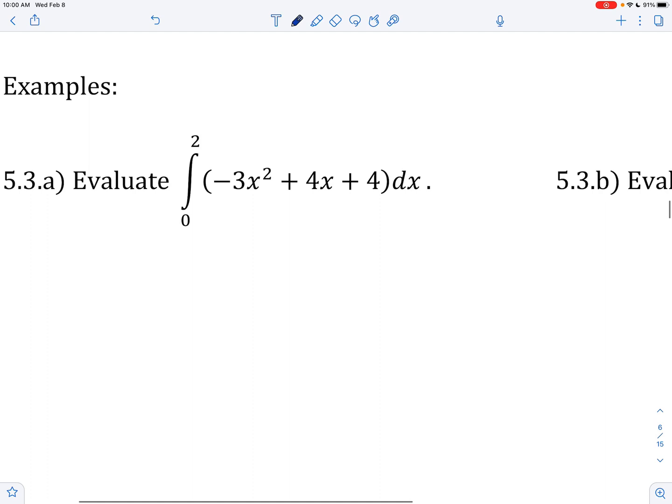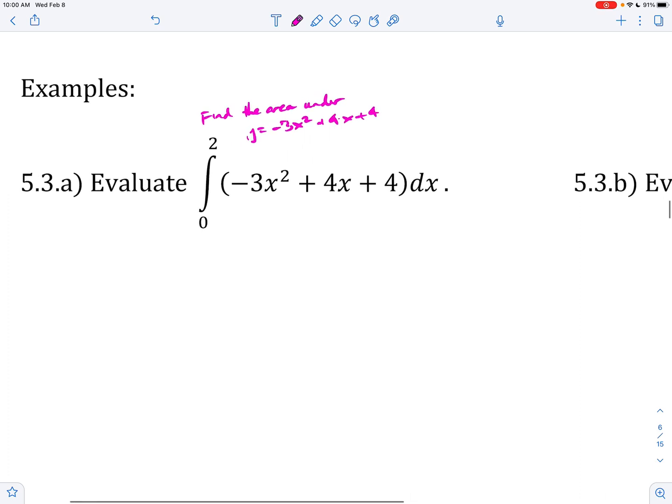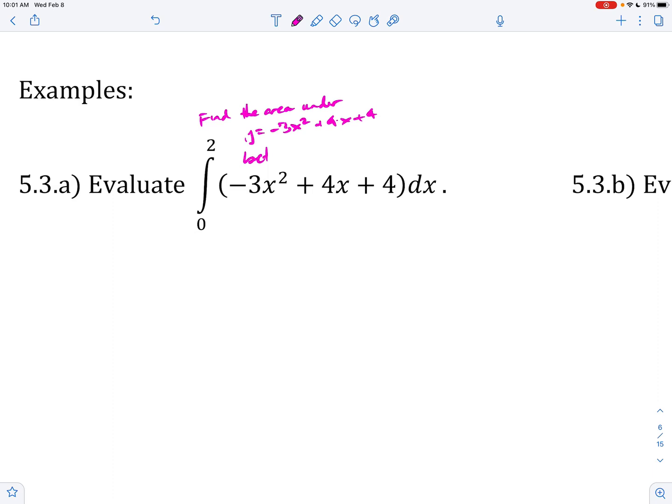So process-wise, we look at something like this. We want to evaluate this definite integral. We want to essentially find the area. You're right, I should write some stuff out. The area under negative 3x squared plus 4x plus 4 between x being 0 and x being 2.